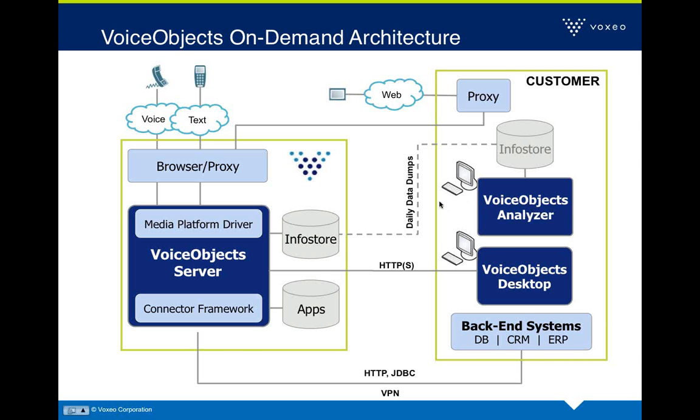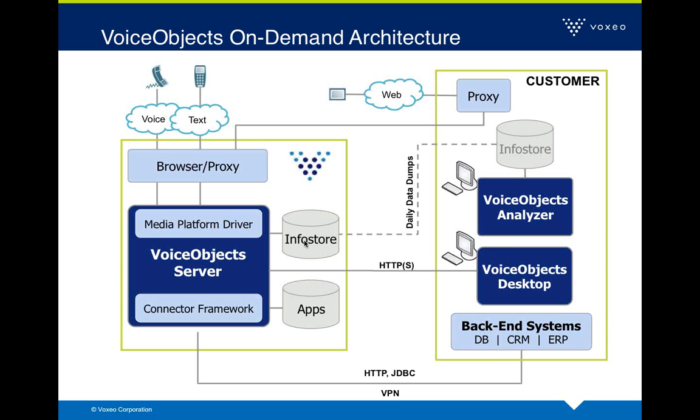In terms of reporting, and I'm going to talk a bit in more detail about what options you have, we do not give you direct access to our hosted InfoStore database. Instead, we provide daily data exports that you can access through our Evolution customer portal.